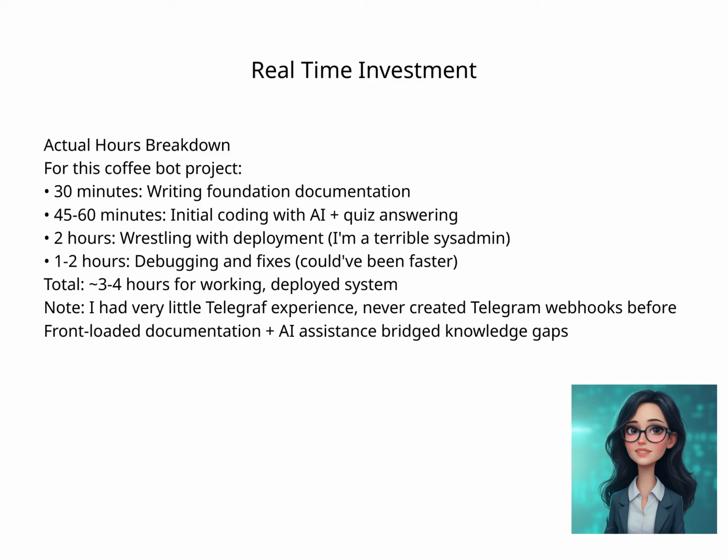Let me give you the real-time breakdown for this project so you can set realistic expectations. Writing the foundation documentation took about 30 minutes. Not a huge upfront investment. The initial coding with AI assistance, plus answering quiz questions, took 45 to 60 minutes.